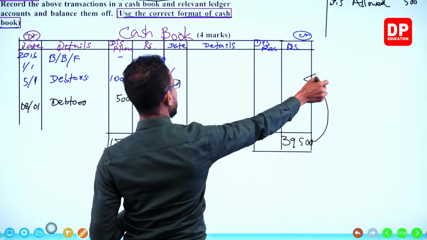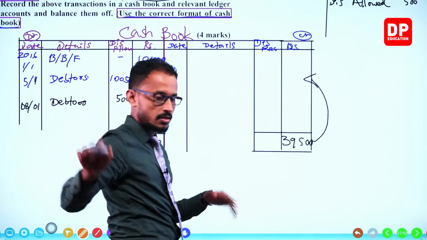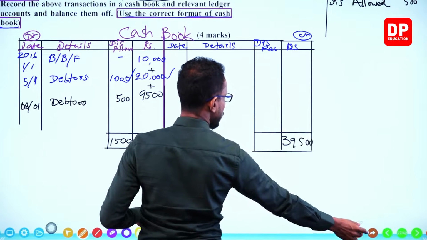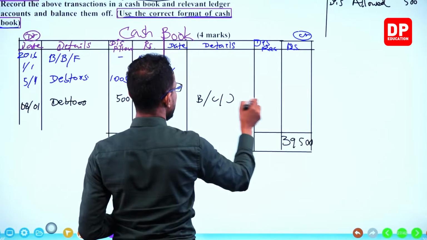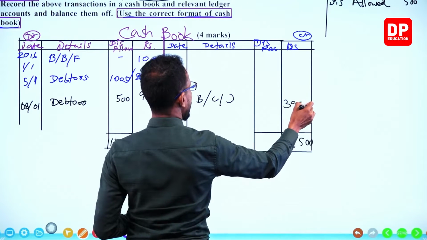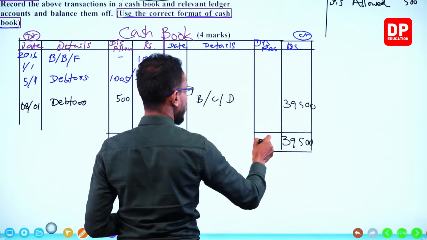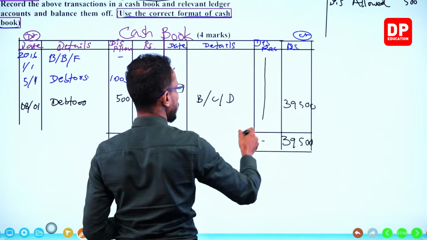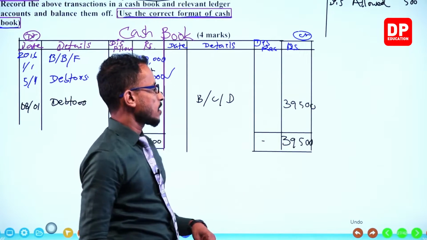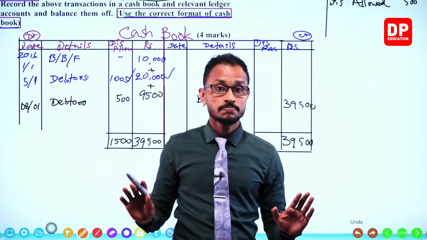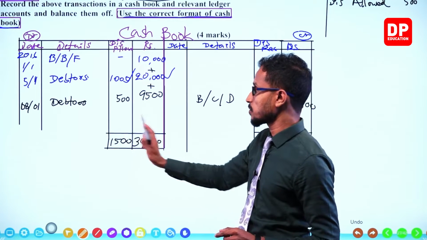Nothing to subtract on the credit side, so balance carried down becomes the same, 39,500. Nothing in the discount received column. You don't balance the discount columns. Just put the total in the discount column.